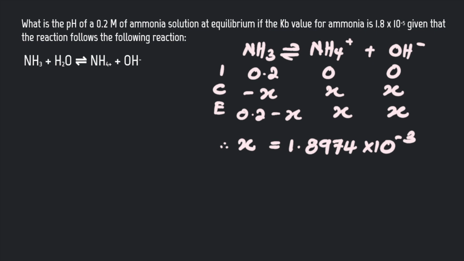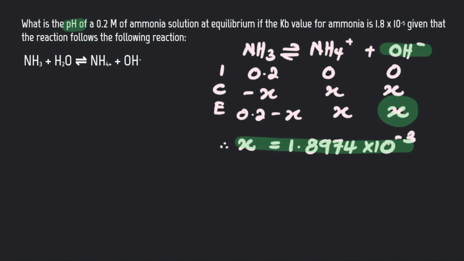Alright, so let us refer back to your ICE diagram. Because you were asked to calculate the pH, and since this is a base, not an acid, the thing that we can use is the concentration of your OH minus. Apparently your OH minus is equivalent to x, so we can use this value of x.